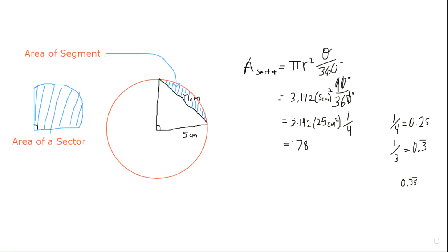So I'm multiplying 3.142 times 25, and I got 78.55. Okay, and that is also centimeters squared. And this whole thing is going to be divided by 4, because to multiply by 1/4 is the same as dividing by 4.